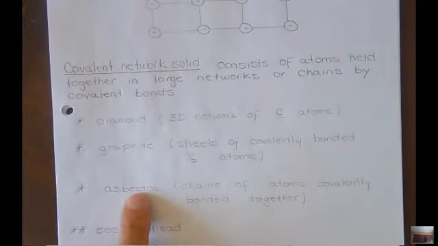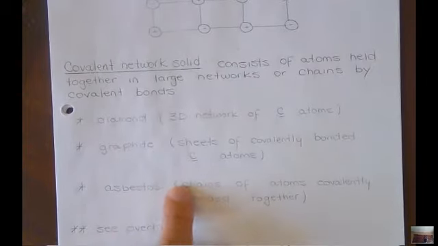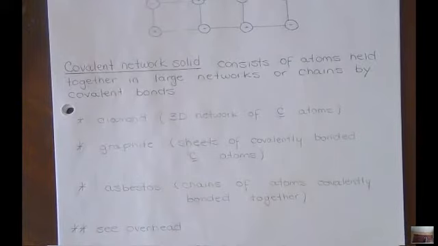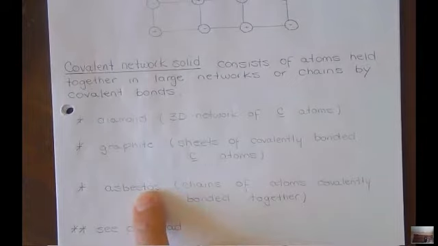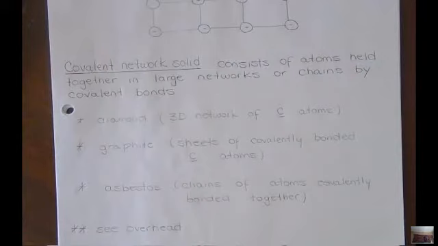And the third allotrope of carbon, okay, is asbestos. It is long chains of carbon atoms that are covalently bound together. This stuff is dangerous because these chains can be broken off, and they can be 50, 100, 200, 500 molecules long. That's tiny.